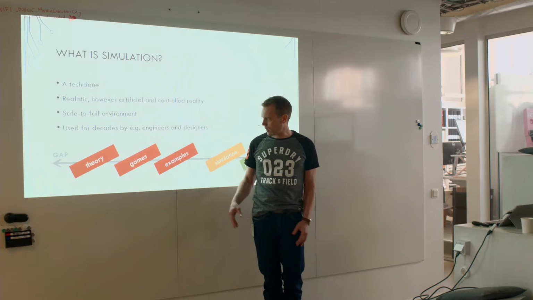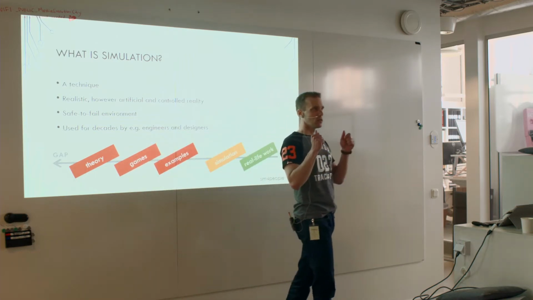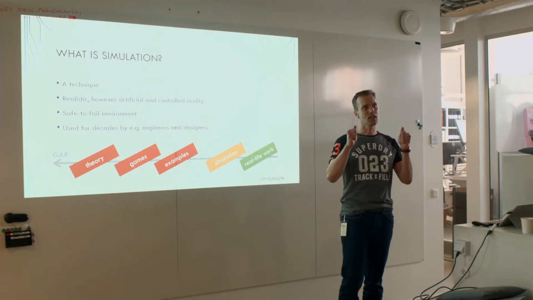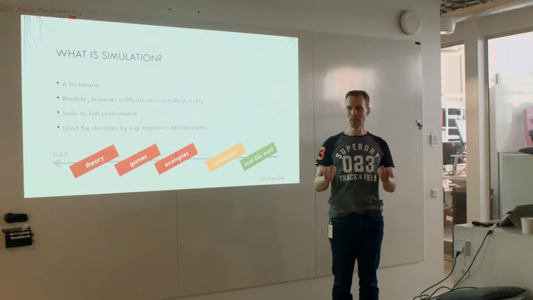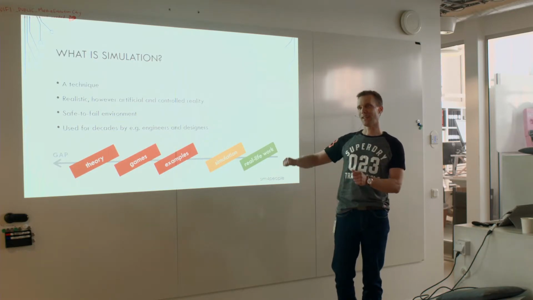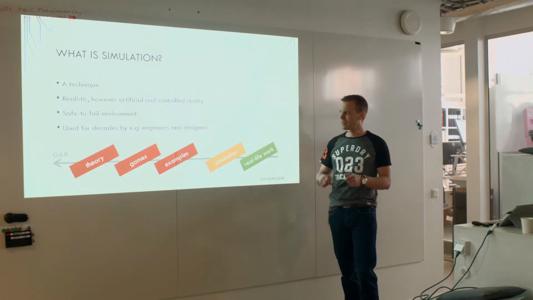When we do training, you could have examples, you could have games, and you could have theory. The key here is that if you want to change people's behavior, you need to make sure that they can apply it when they come back.